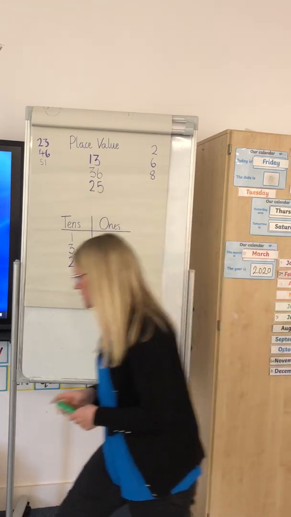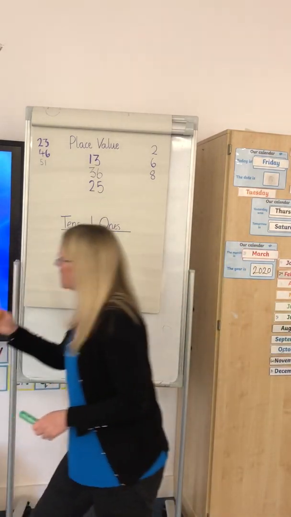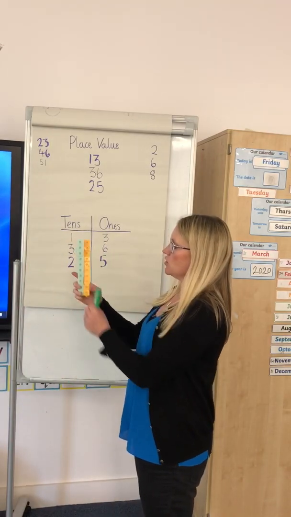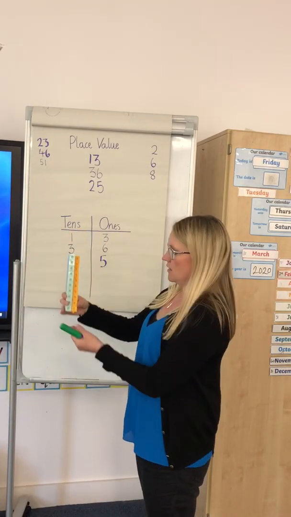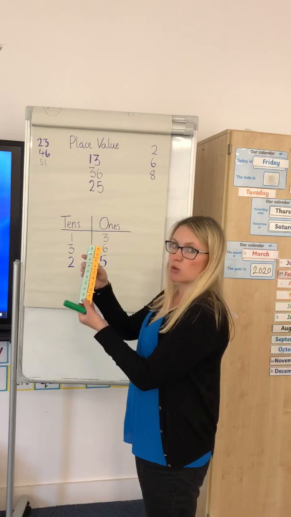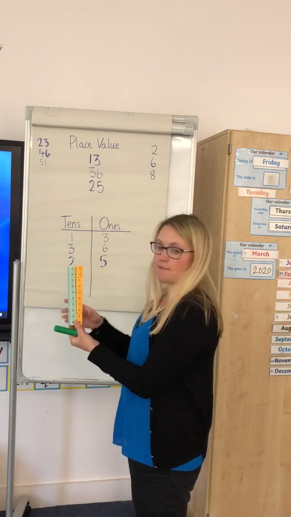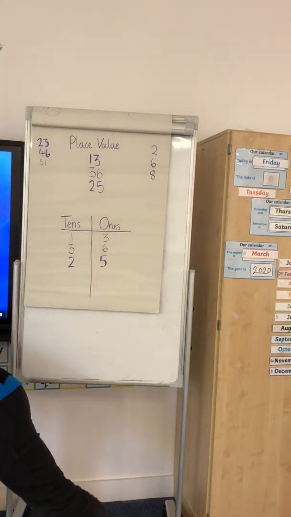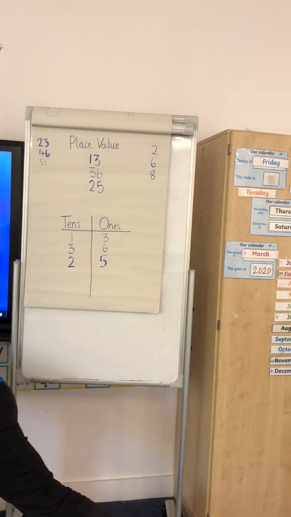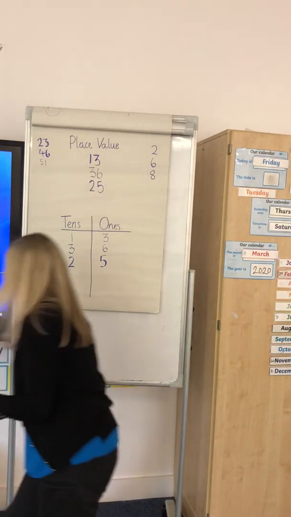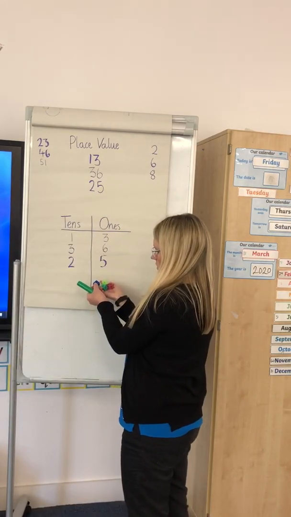Remember, the 2 groups of 10 look like this. So what does 2 groups of 10 actually make? It makes 20. 10, 20. And then 5 ones. And here's my 5 ones.